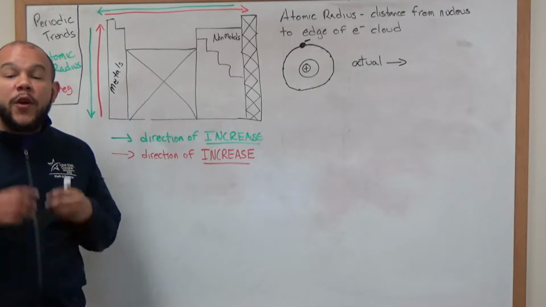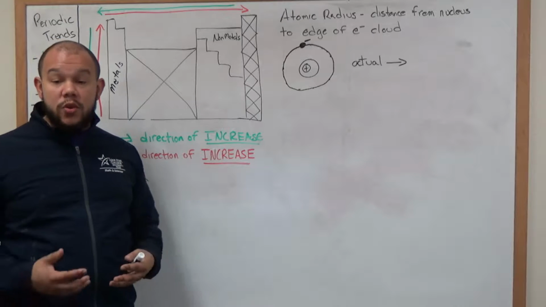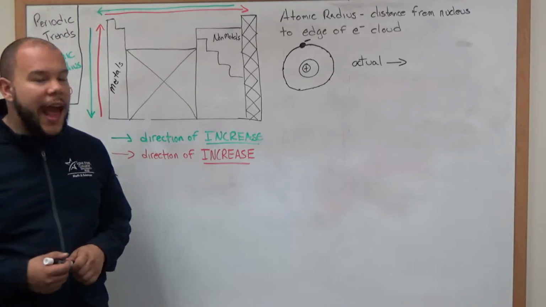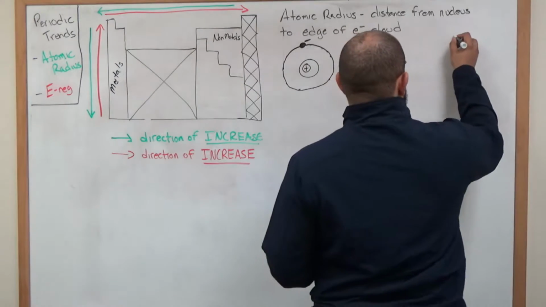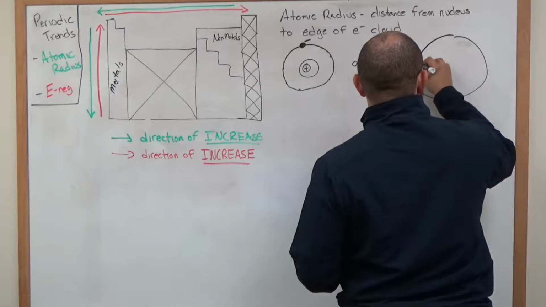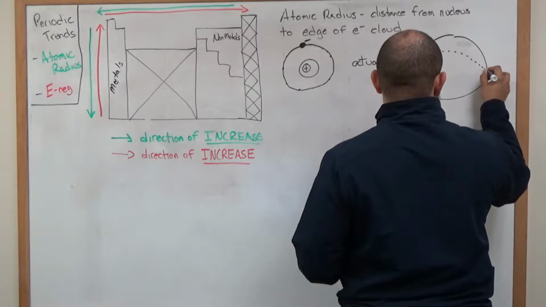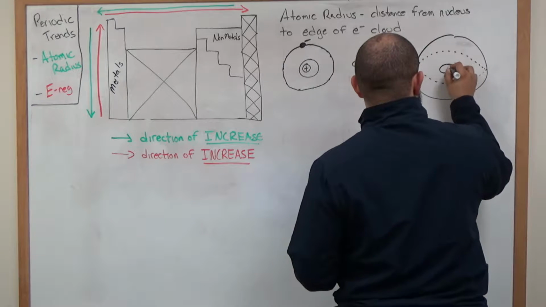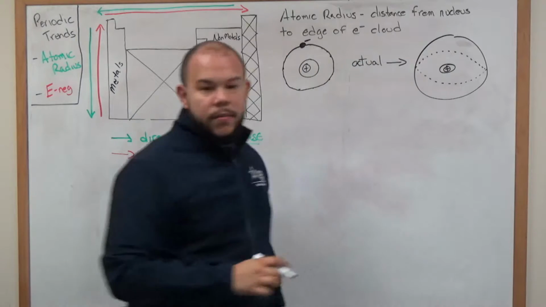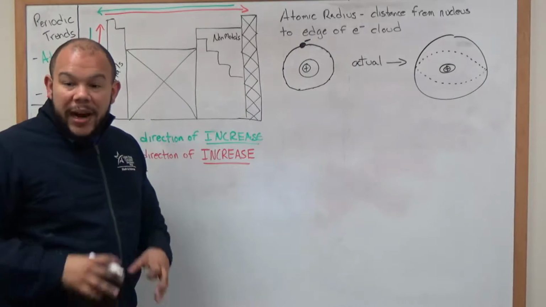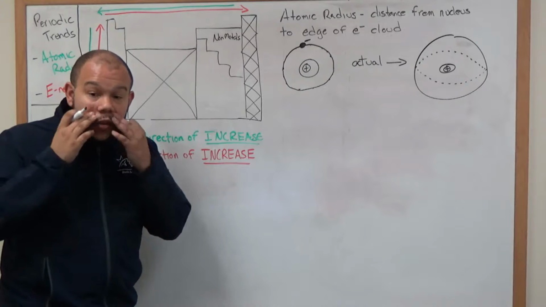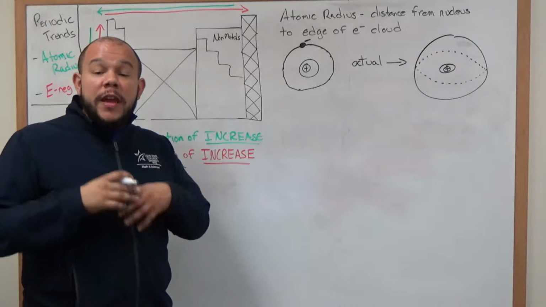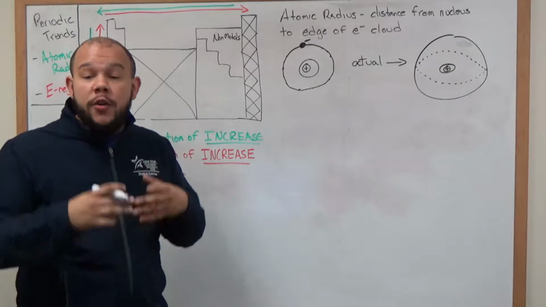Now, if we thought about this in more of a three-dimensional situation, then we actually end up seeing a sphere where we still end up with a nucleus in the middle, but we realize that since electrons are constantly in motion, we think about where we could find an electron.